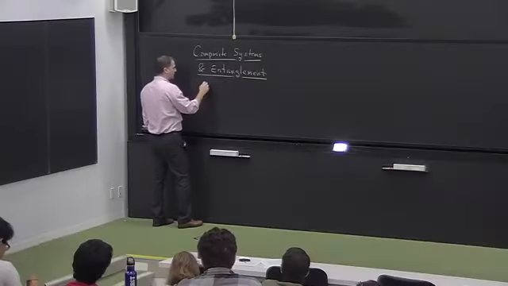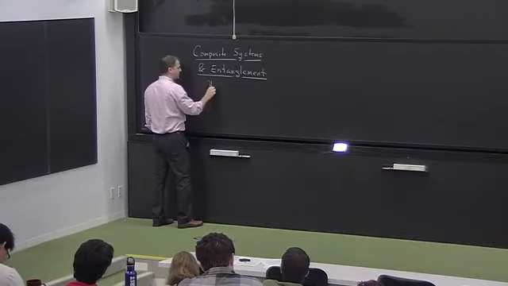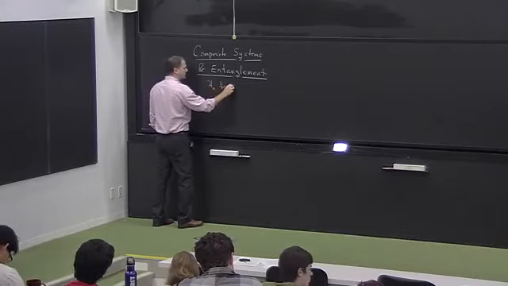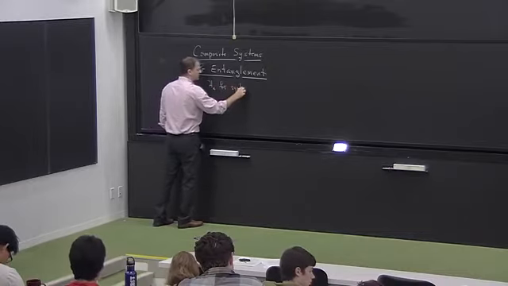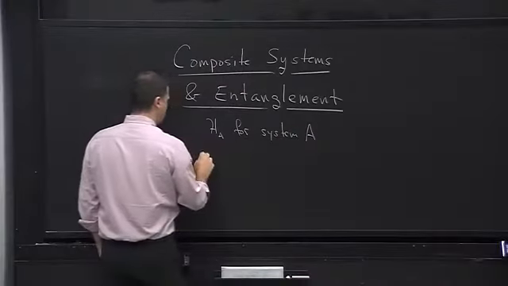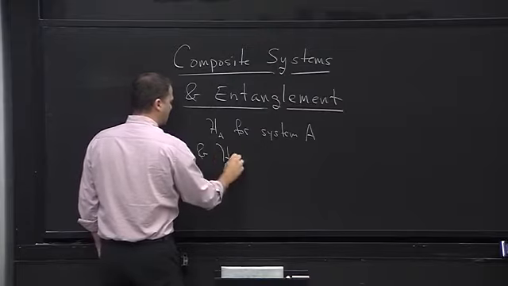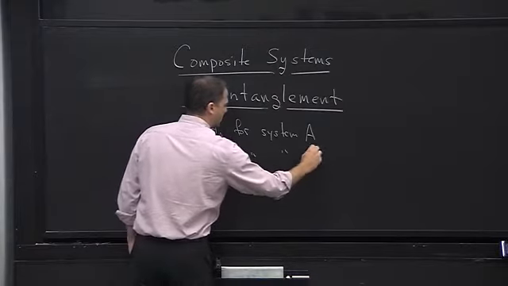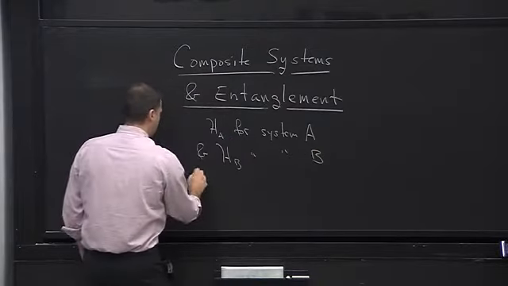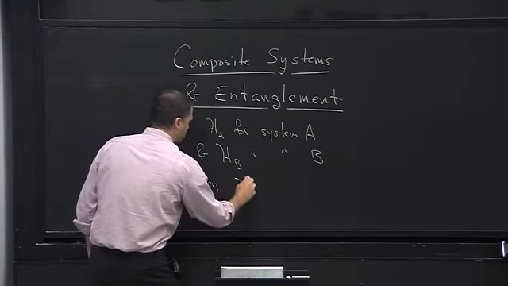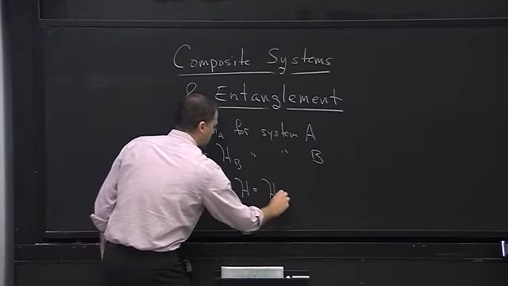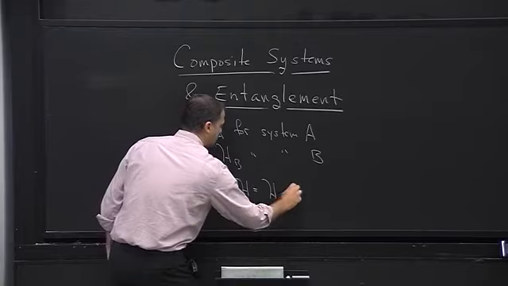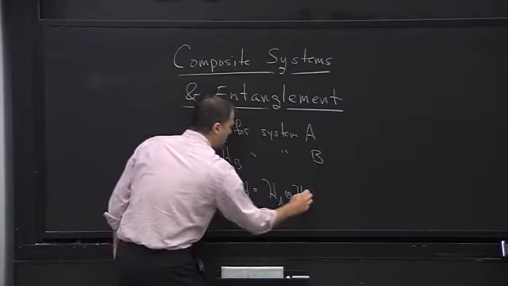So basically, if I have two Hilbert spaces, H_A for system A and H_B for system B, then the joint system is equal to H_A cross H_B.